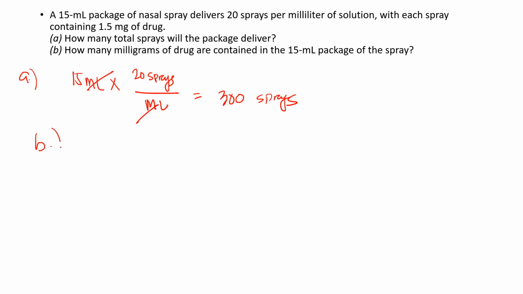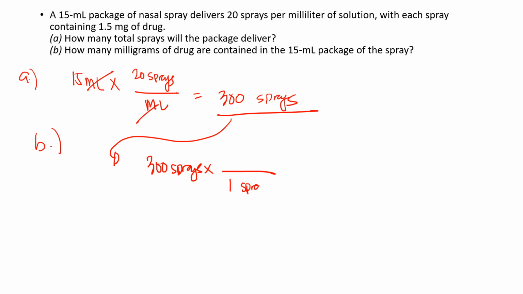Next, how many milligrams of drug are contained in the 15 ml package of the spray? We already have the number of sprays from the first part. Let's use this in the second part of the problem. 300 sprays times 1.5 milligrams per spray.